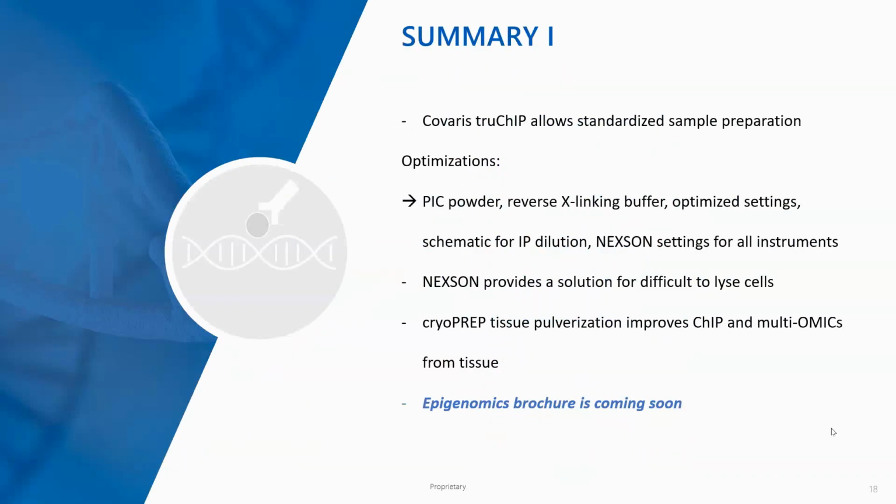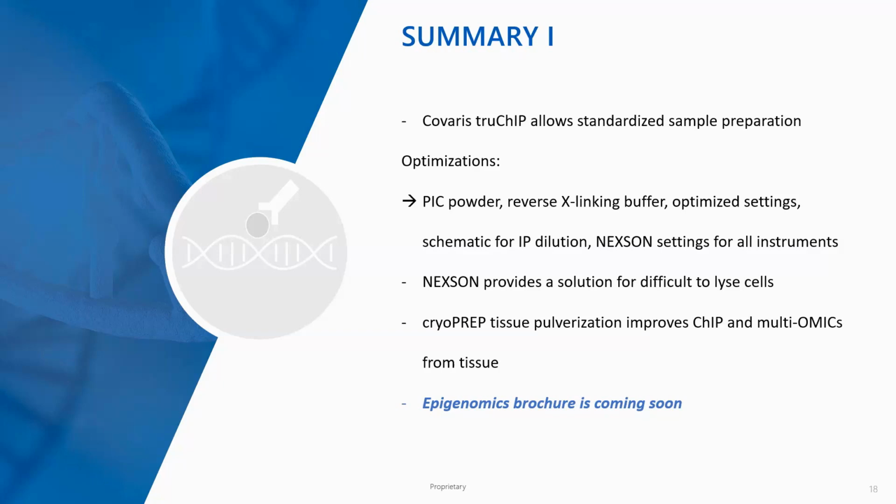So, in summary for this first part of my talk, I have shown you that Covaris TrueChIP allows standardized sample preparation. We have recently included a few optimizations. The protease inhibitor cocktail is now provided as a powder. For people who are doing chromatin shearing analysis time course in D3 buffer, we now provide a reverse cross-linking buffer. We provide some optimized settings, including settings for the LE220+.